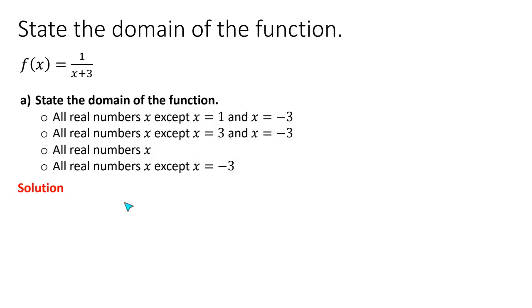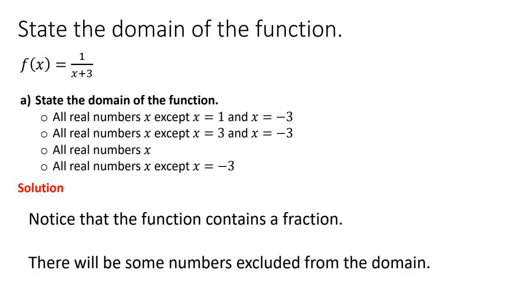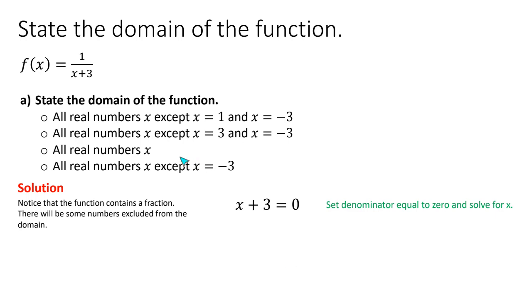To find the domain, we want to see if there are any numbers that will cause us to have a 0 in the denominator, since we cannot divide by 0. We can ask ourselves what number x will be to give me a 0 down here. Or in other problems that are a little more complicated, we can set the denominator equal to 0 and solve for x.